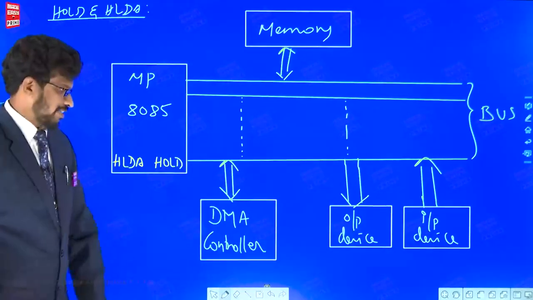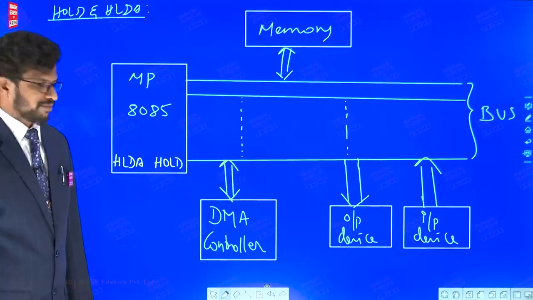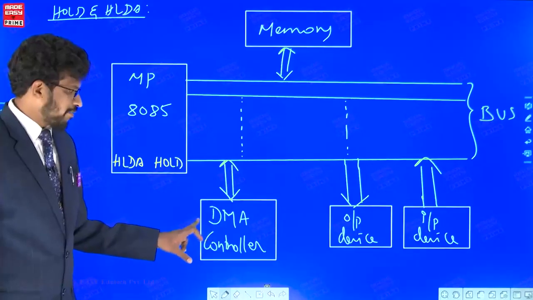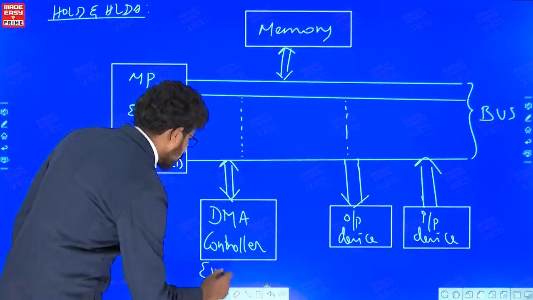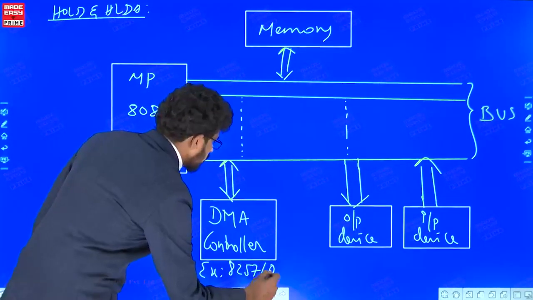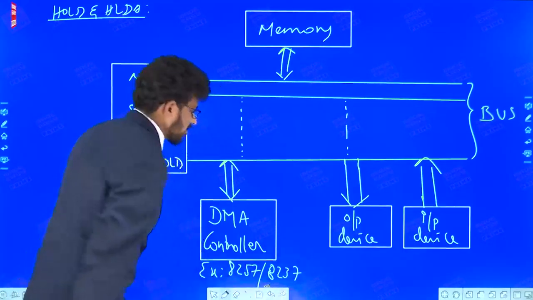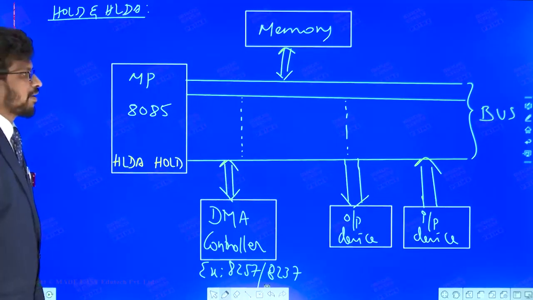What is this block called as DMA controller? What is this DMA controller all about? DMA stands for direct memory access. There are some IC numbers for this. It has an IC number called 8257, or the advanced one is 8237. How it works, we shall see stepwise one by one.